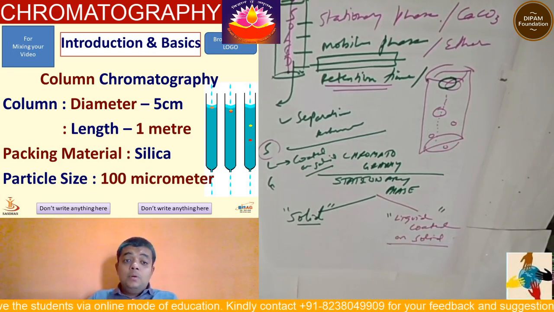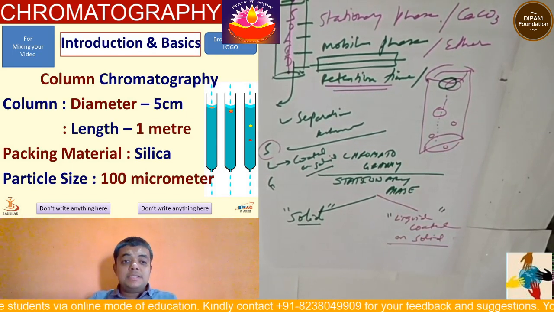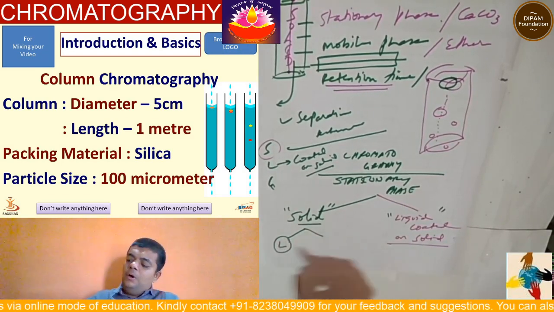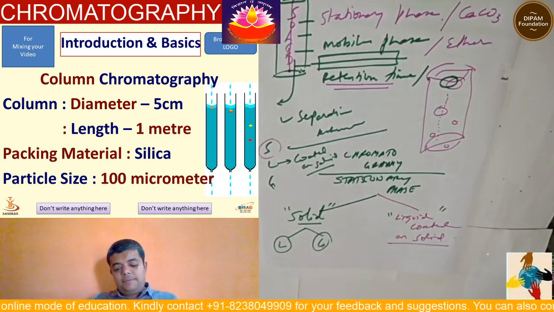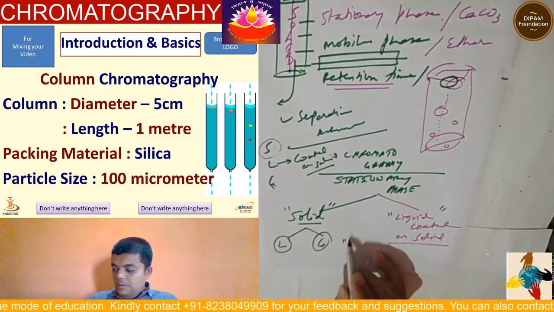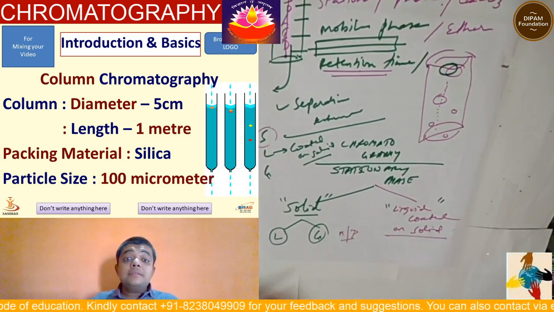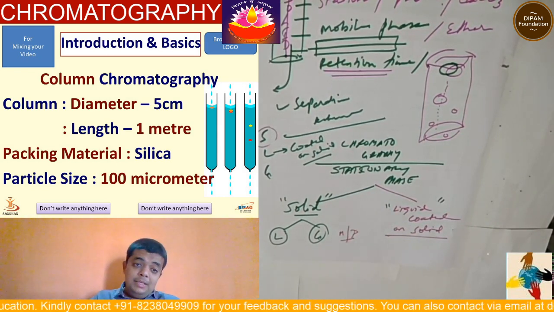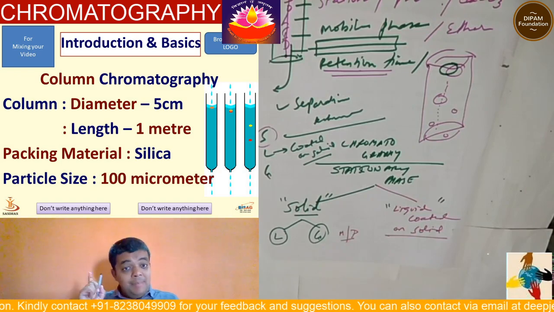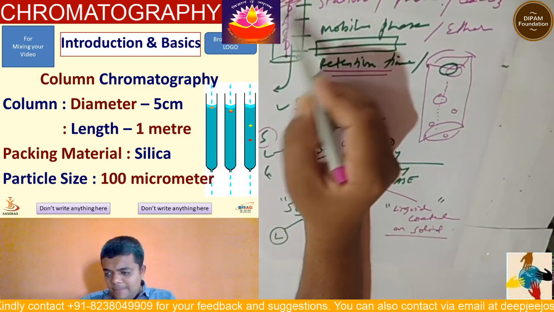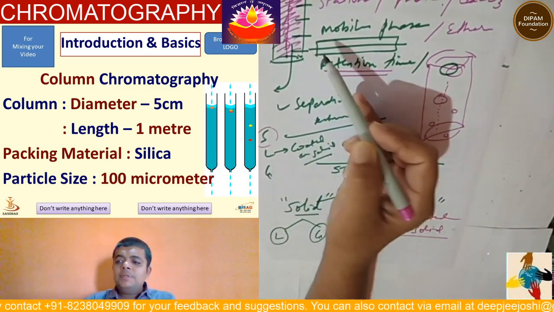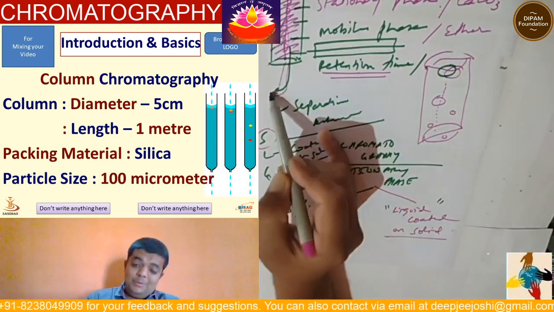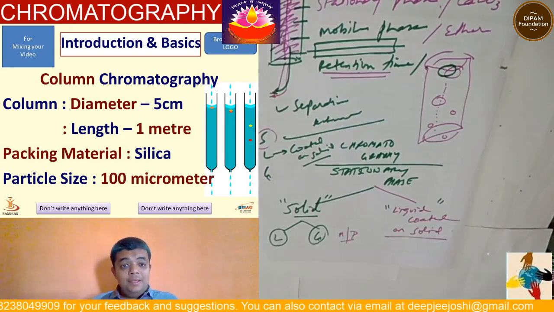Now, once you have a solid surface as a stationary phase, you can either take liquid or gas as your mobile phase. The mobile part, the moving part, can be liquid, can be gas. Imagine this cylinder filled with a solid. You can pass a liquid as a mobile phase. You can even pass a gas as a mobile phase. Interesting.